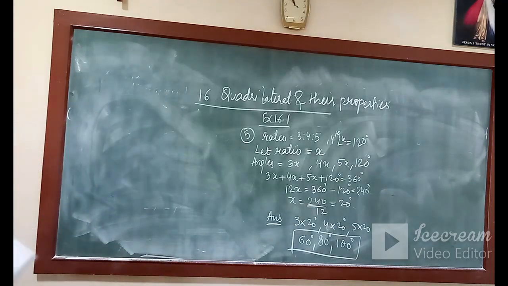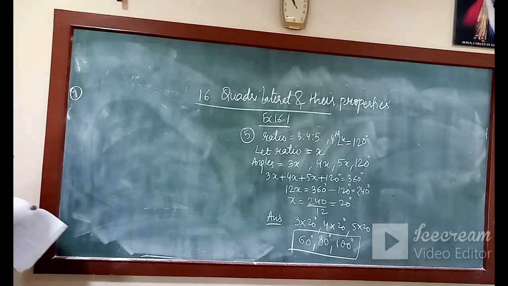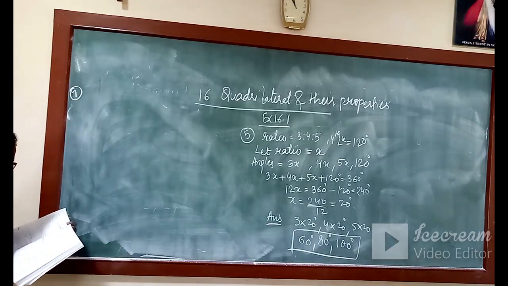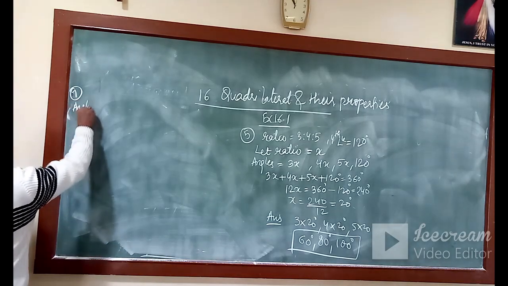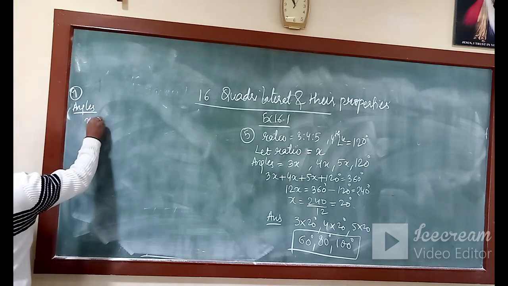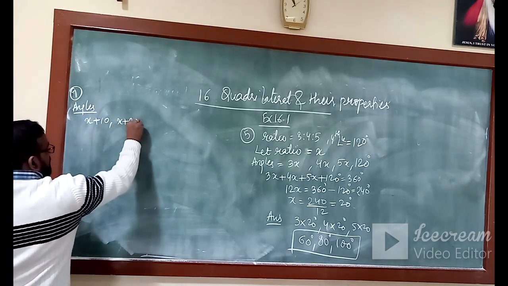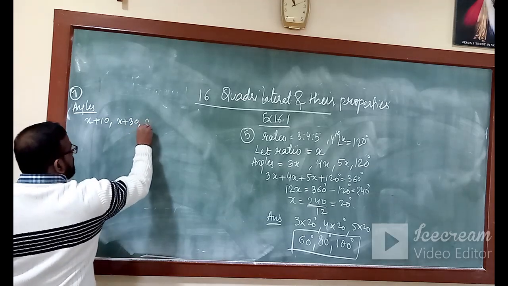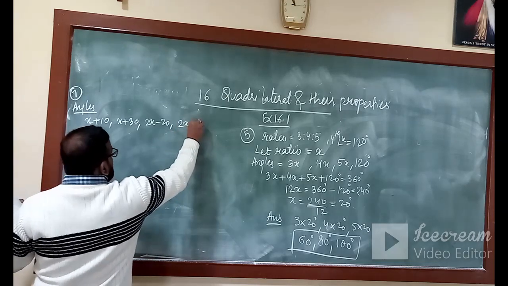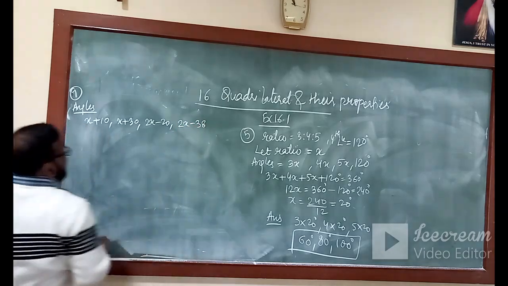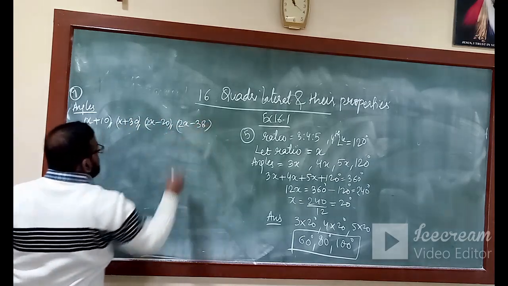Questions like question number 7, some different type of question is there. If the angles of a quadrilateral are, okay, so in this question angles are given in this form: x plus 10, x plus 30, 2x minus 20 and 2x minus 38. Okay, you just put the commas so that you will not get confused. So these are the angles which are given in this form.